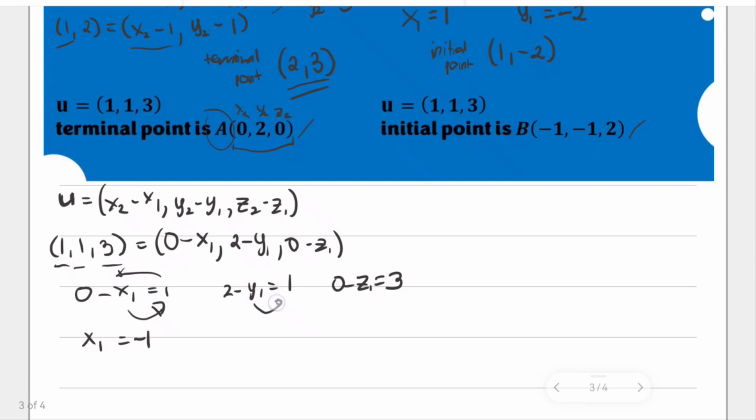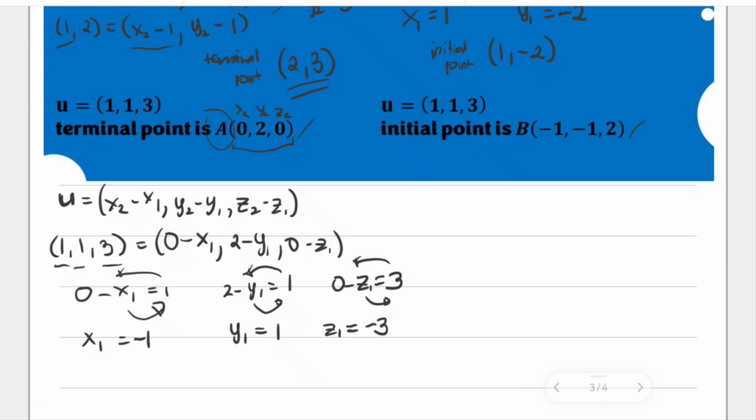Transpose to make y sub 1 positive here as well. By the symmetric property, y sub 1 is 2 minus 1, which is 1. And finally here, transpose and transpose, you will have a result for z sub 1, which by the symmetric property is negative 3. Okay, that's the result here.